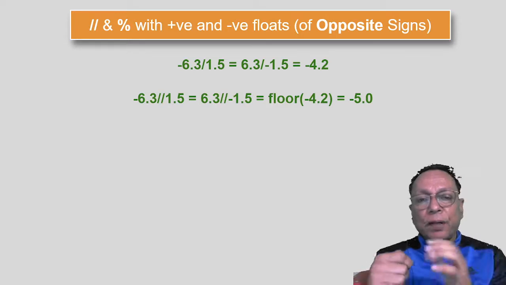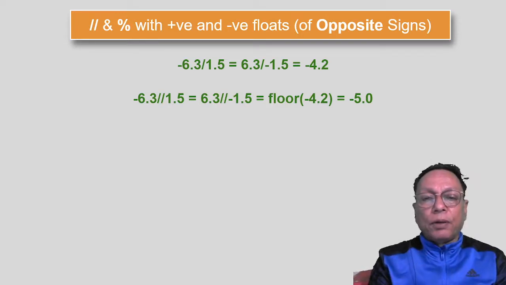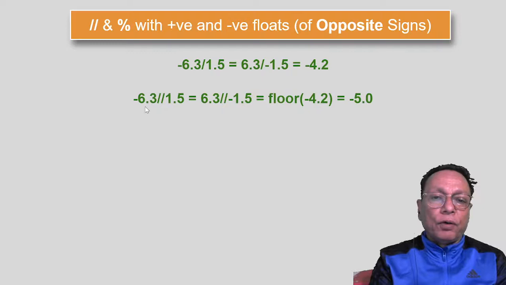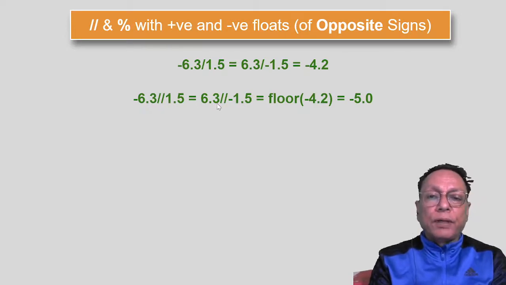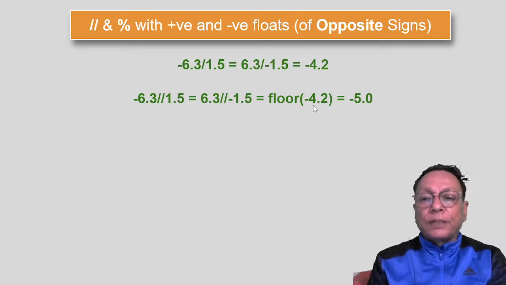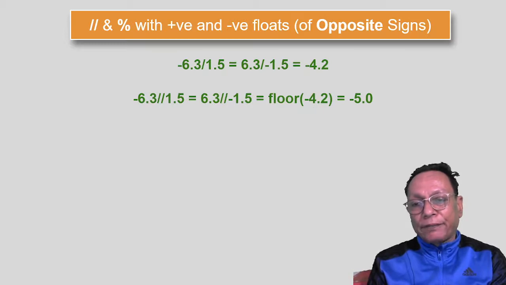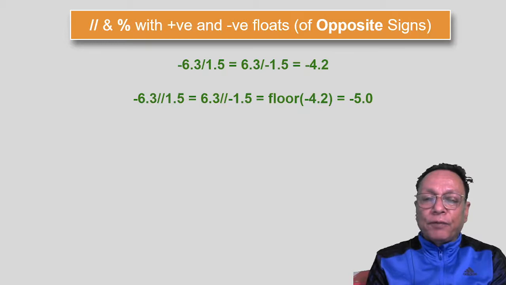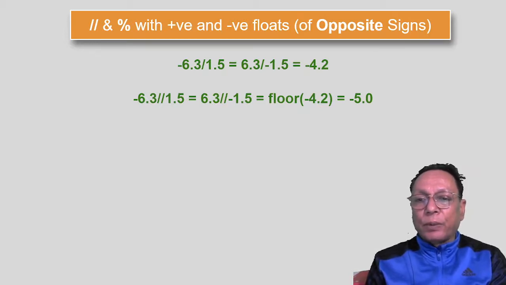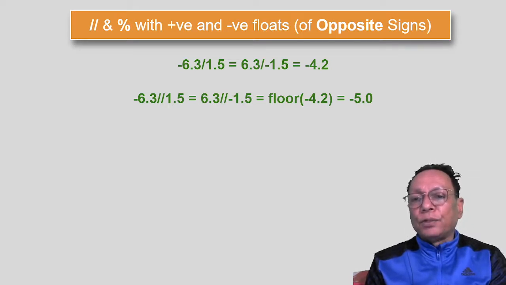So if you use minus 6.3 upon 1.5, or 6.3 floor division minus 1.5, it will give you minus 4.2. When you take the floor of this, what is the lesser value, minus 4 or minus 5? I think minus 5, because this value lies between minus 4 and minus 5, and that is why the lesser value is minus 5. So the floor of minus 4.2 will give you minus 5.